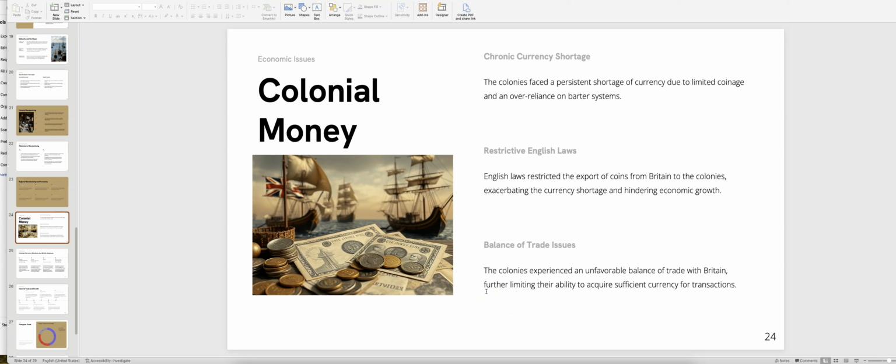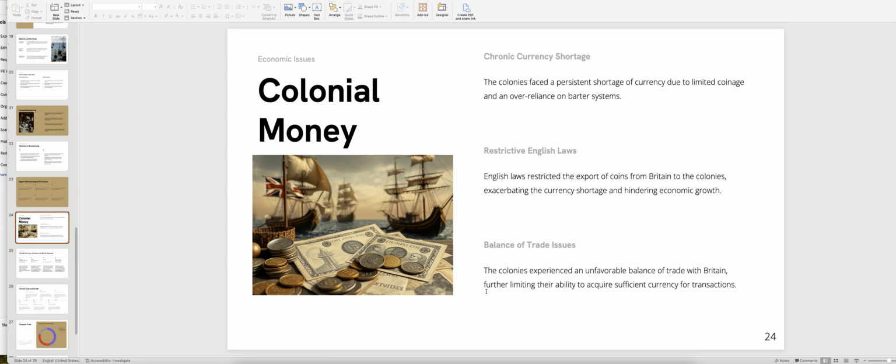And so from there, if we want to understand the rest of the economic picture for these colonies, the one thing is that it was developing.